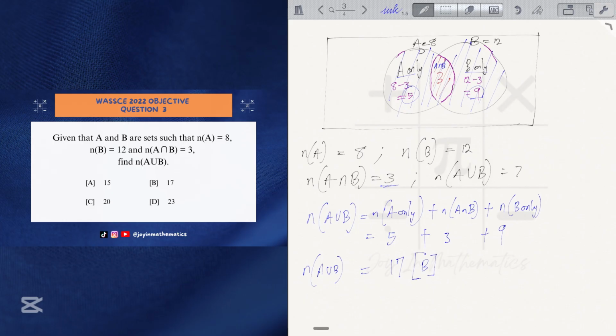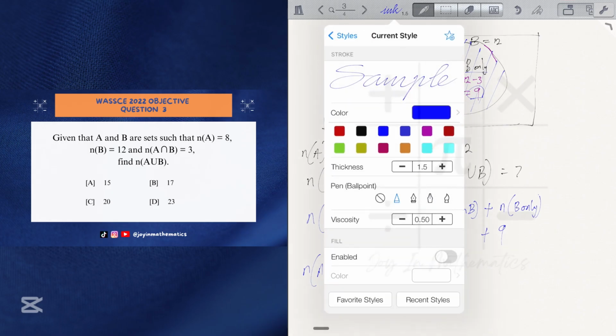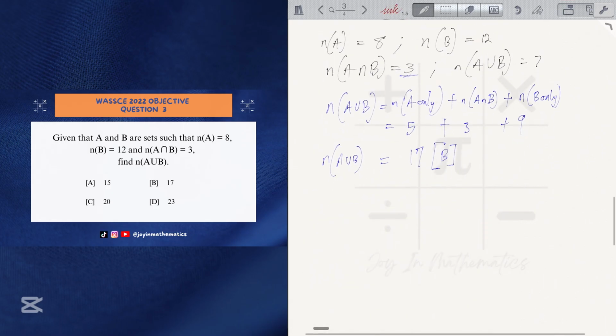Now there is a trick formula to solve this question. Let's use the trick now.